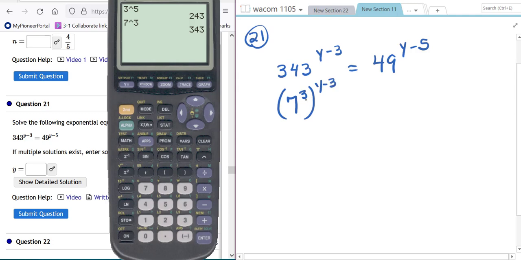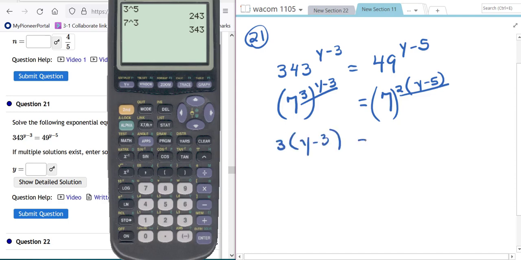y minus 3, and then these will multiply, and you have to be a little careful there. This will be 7 squared, and this will be y minus 5. These are going to multiply. All right, so we are allowed to bring those down, but here we're going to have 3 times y minus 3, and over here we're going to have 2 times y minus 5.